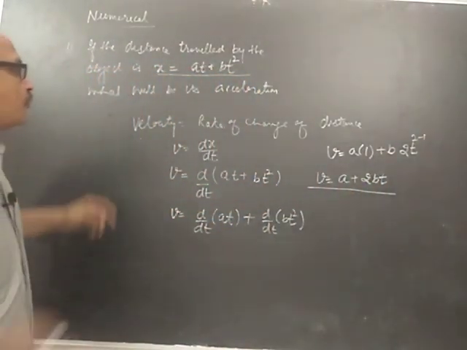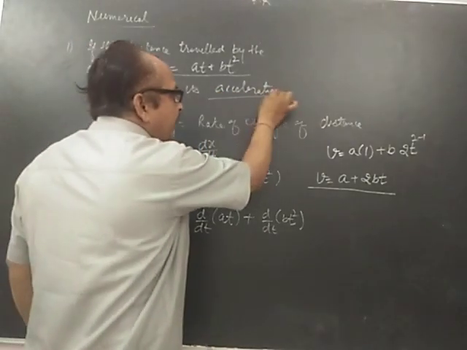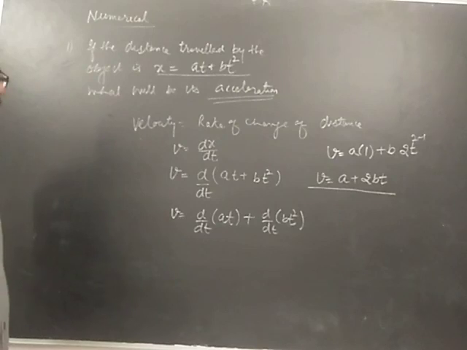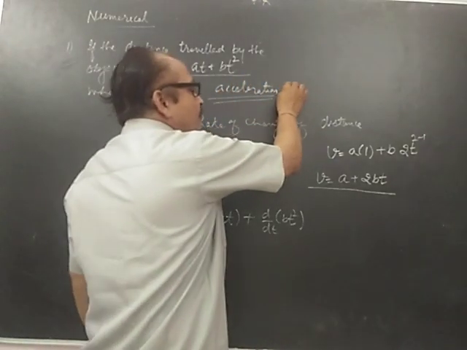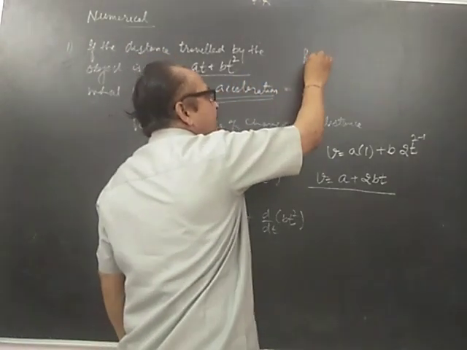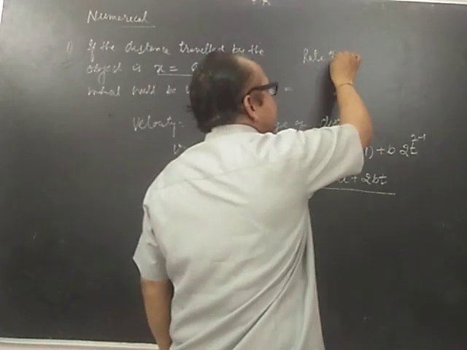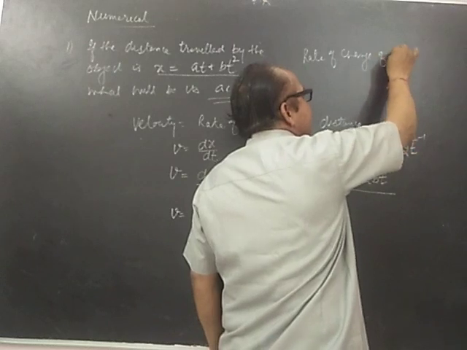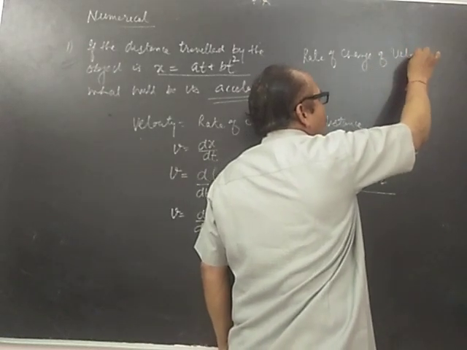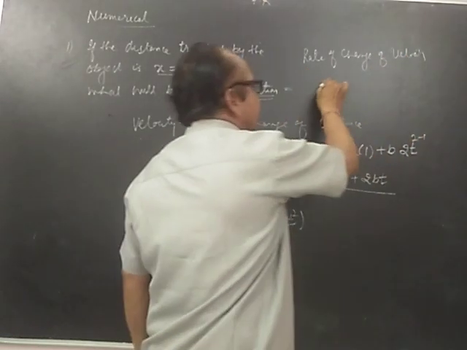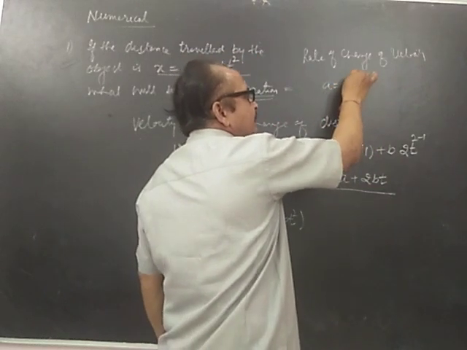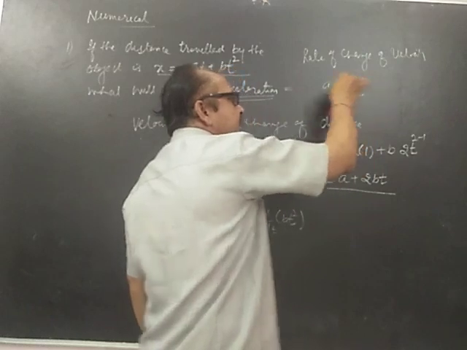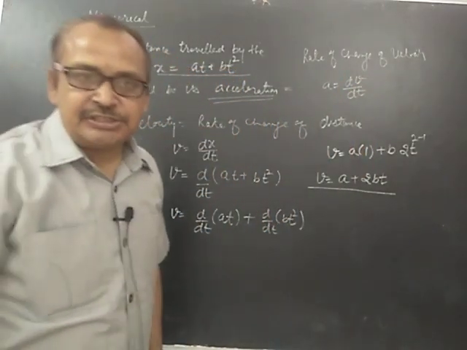But what do we want to find? We want to find acceleration. And we all know acceleration is the rate of change of velocity. That means a will be equal to dv by dt.